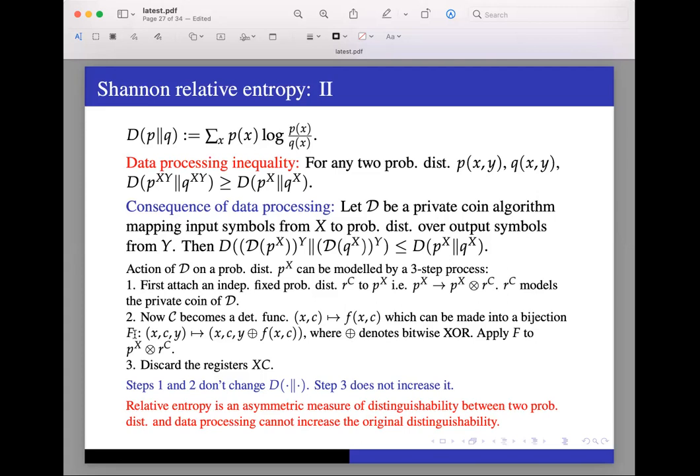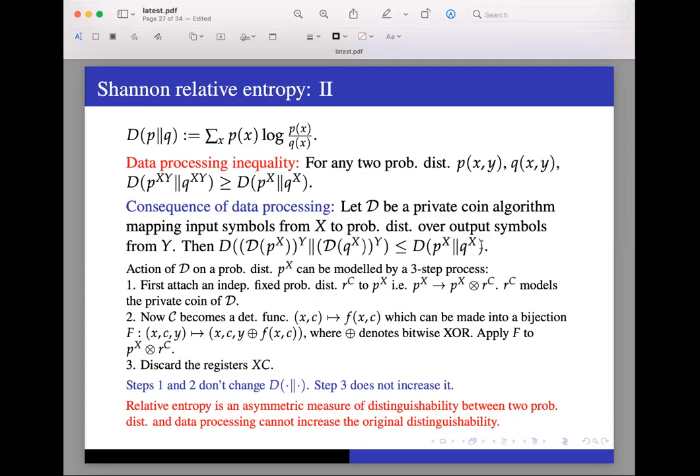Then applying a bijection does not change the relative entropy either: it's just a permutation on the X's, but the summation still remains the same. So step 2 also does not change the relative entropy. Step 3 is the only one that can decrease it. That is the data processing inequality, discarding X. So that finishes the proof.